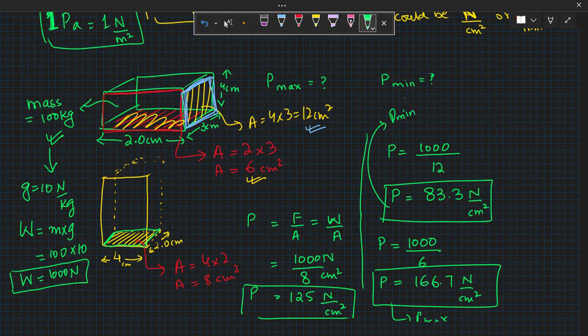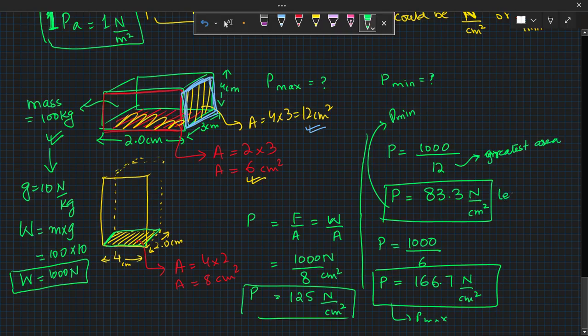If you can see here, the weight is kept constant, right? But the area in contact is different for different sides. So which one is giving you the minimum pressure? When we take the greatest area in contact, it will give you the least pressure, right?